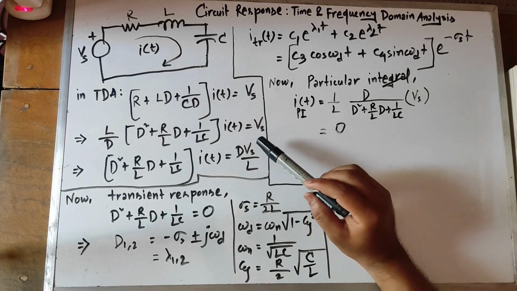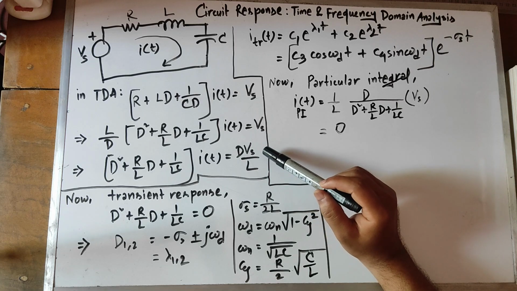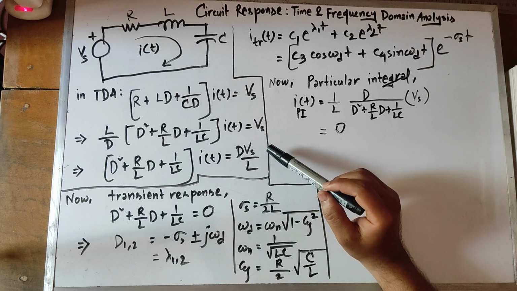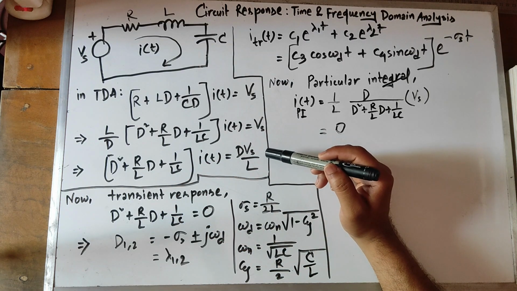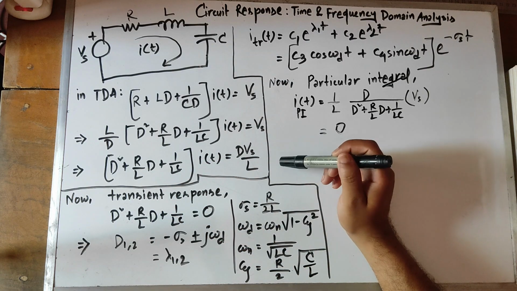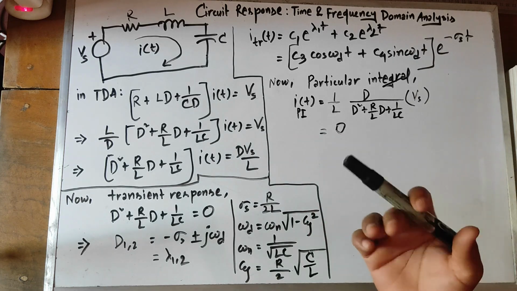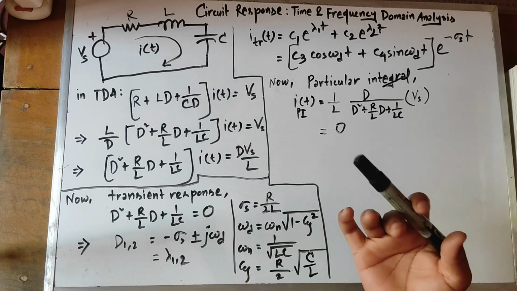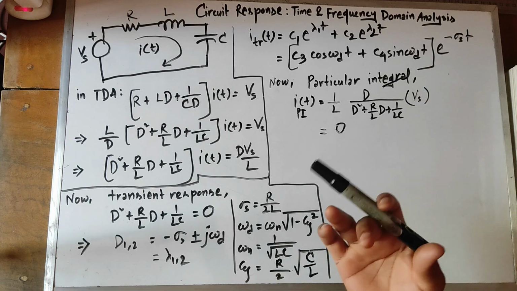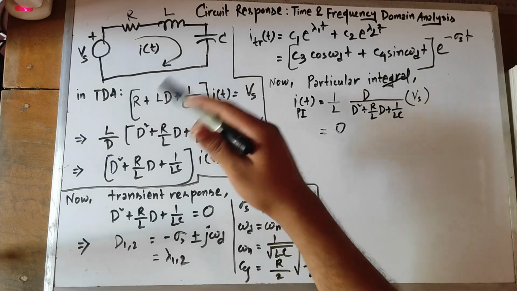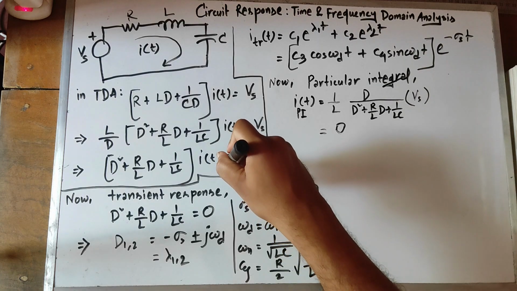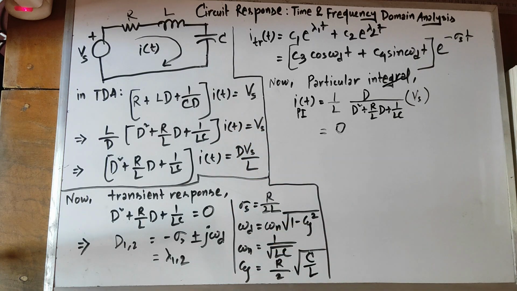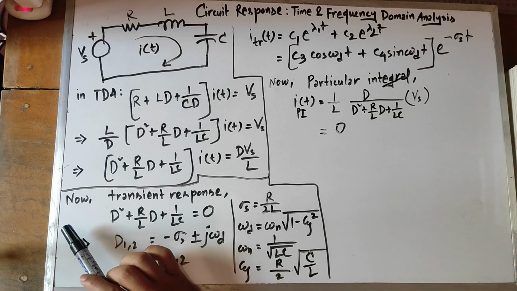So we have to solve this differential equation and get the appropriate solution for the circuit. I have assumed the circuit response is the loop current.